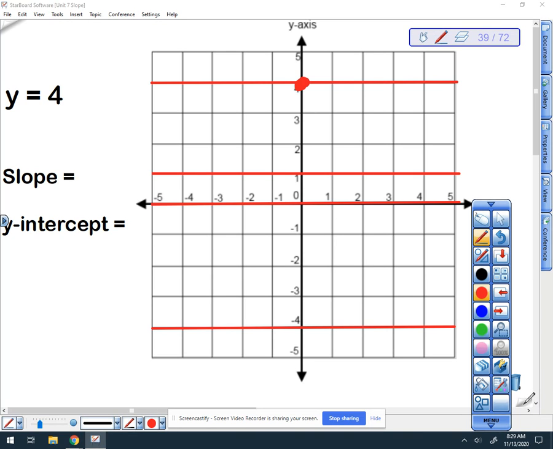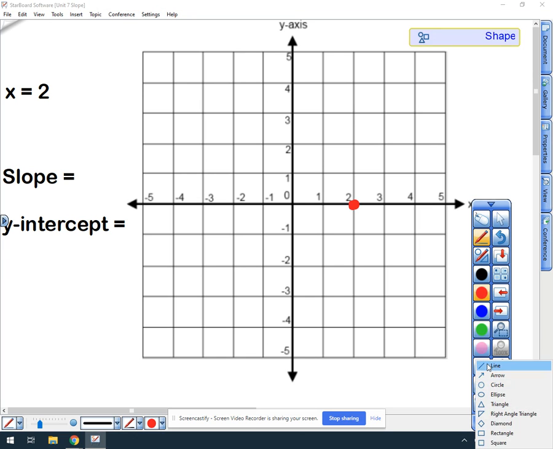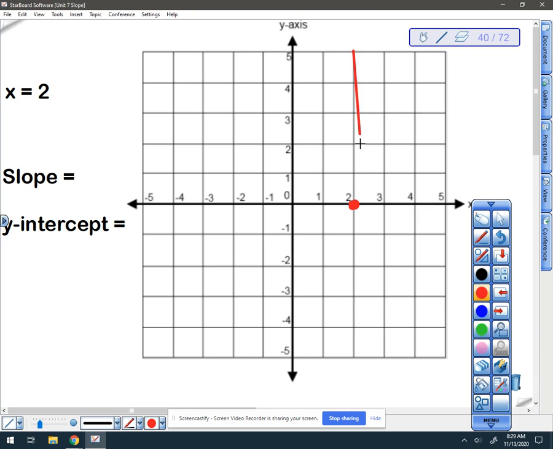All right, so let's take a look at our next one. x equals 2, same thing, works the same way. If it's x equals 2, you go to 2 on the x-axis and put a dot. And then this time, instead of a horizontal line, if it's x equals a number, it always makes a vertical line.